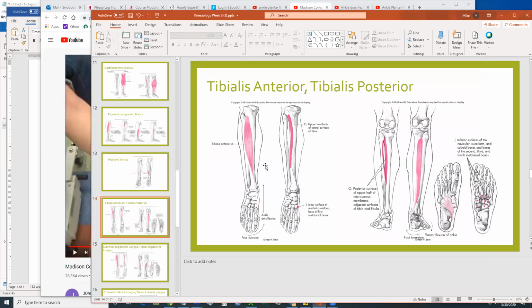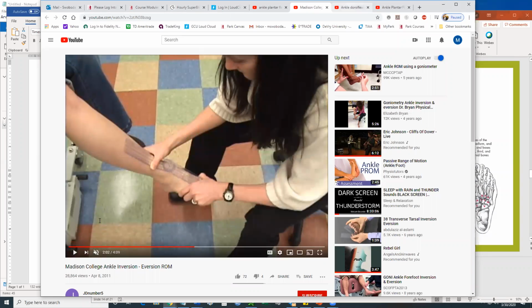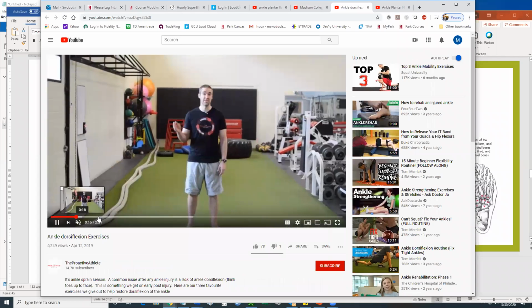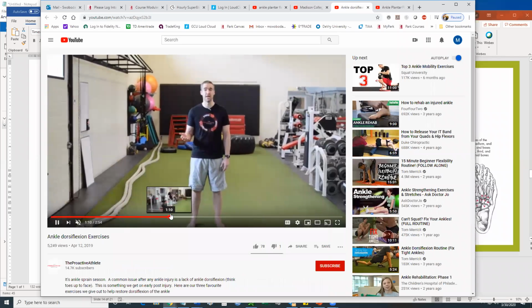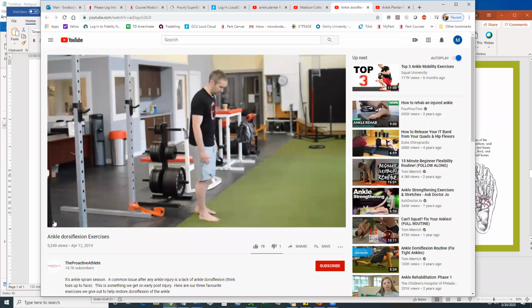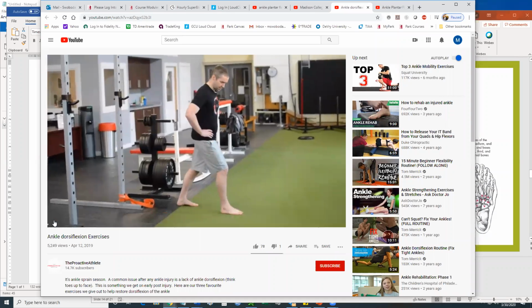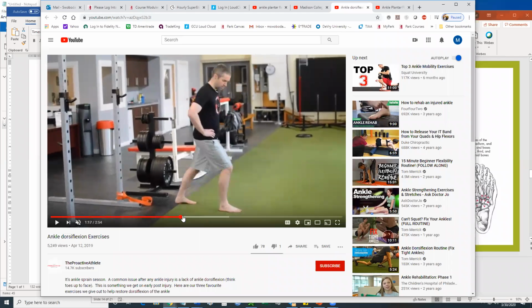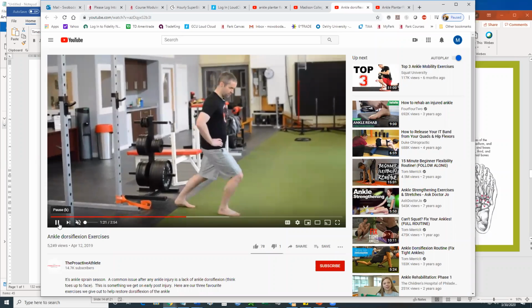Now, the other movement that tib anterior does is dorsiflexion. So dorsiflexion, just like that. I know I told you that dorsiflexion is where you bring your toes off the ground and keep your heel on the ground, and that's really the practical movement of it.